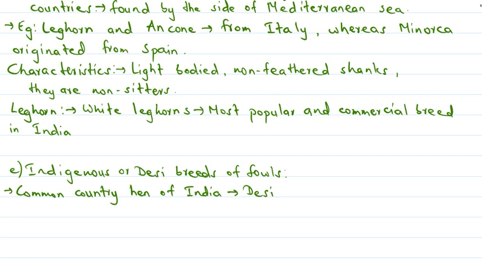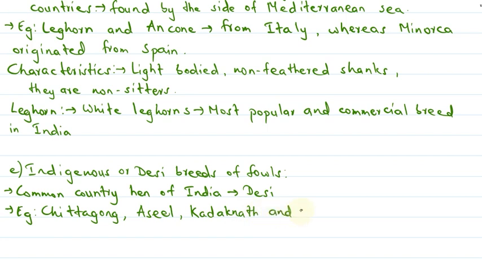Some of the examples we can include are Chittagong, Asil, Kadaknath, and Busra.